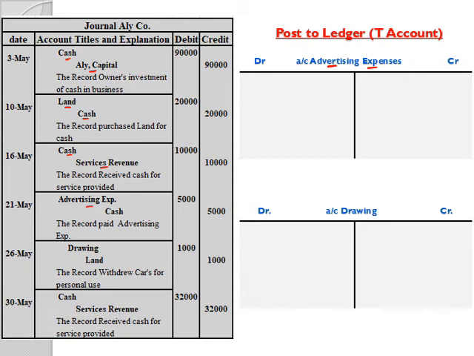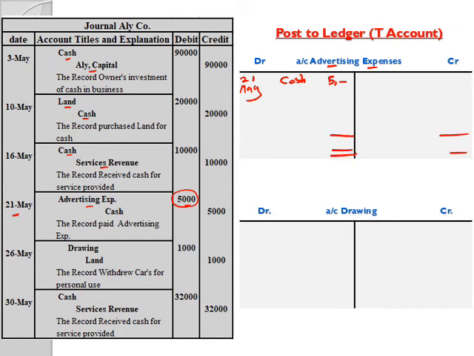Okay, so record advertising expenses in the debit side, amount 5,000 in the debit column, so transfer to the debit column 5,000 pound cash, date May 21. Any transactions or entries recording the advertising expenses? It is only one entry, transaction number 4.